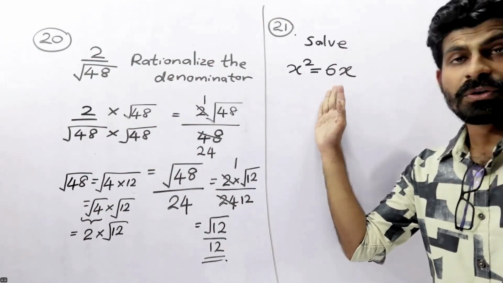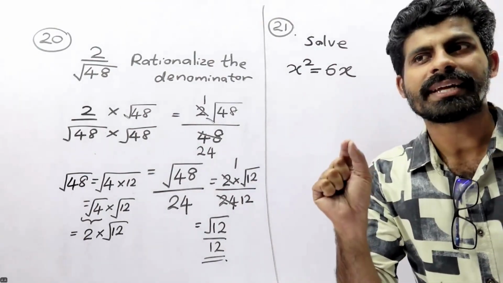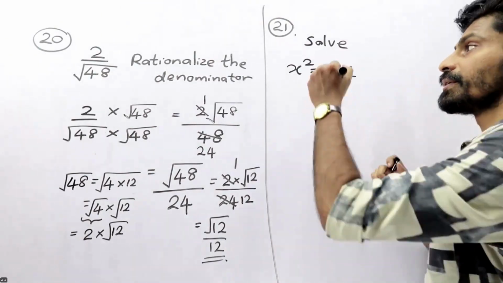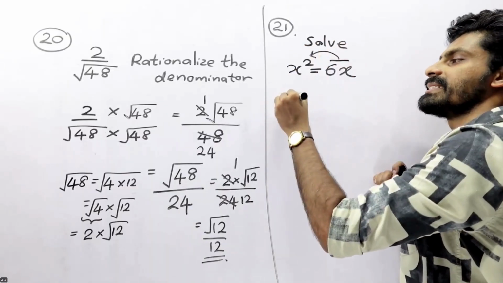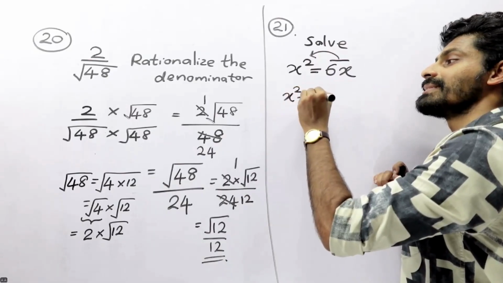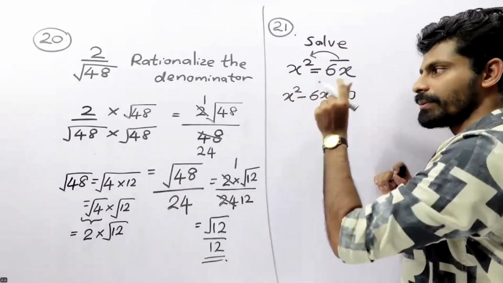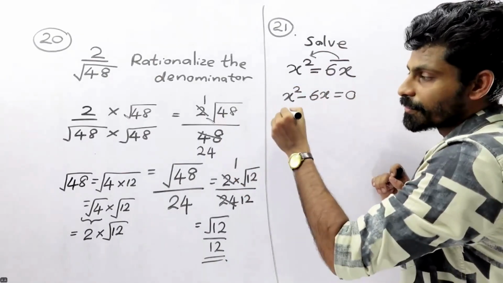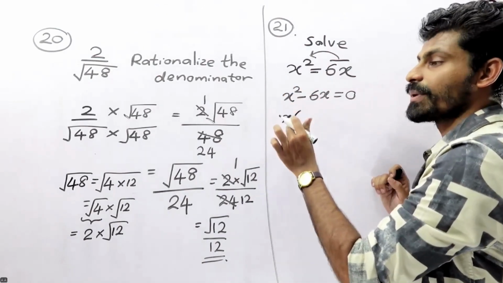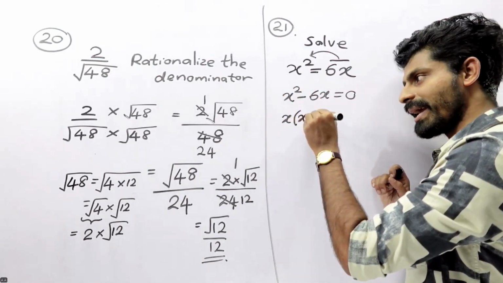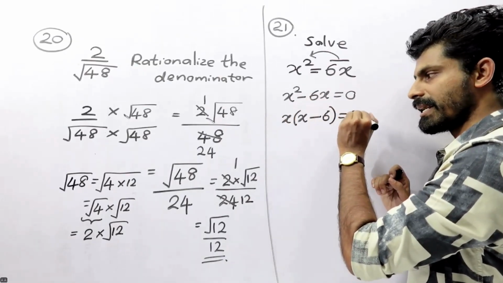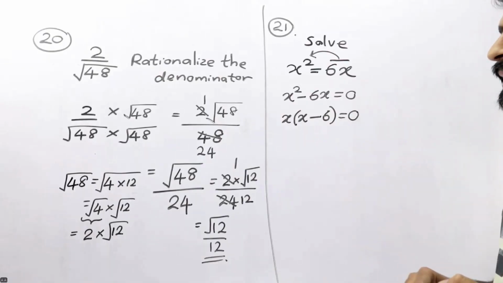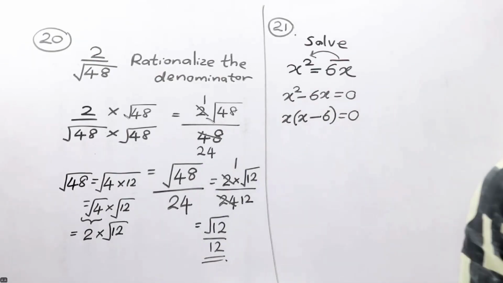Now we need to take one side equals to 0. So I'm moving 6x from the other side. That means x squared minus 6x equals 0. Taking x out of the bracket: x squared divided by x equals x, 6x divided by x equals 6. So x times (x minus 6) equals 0.